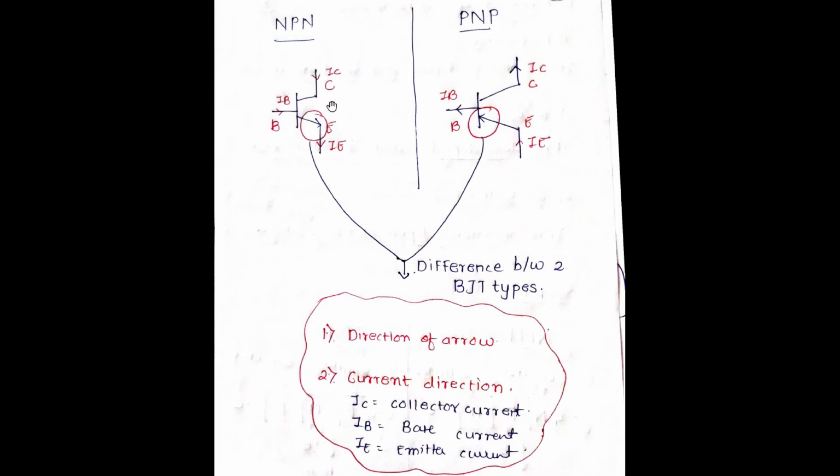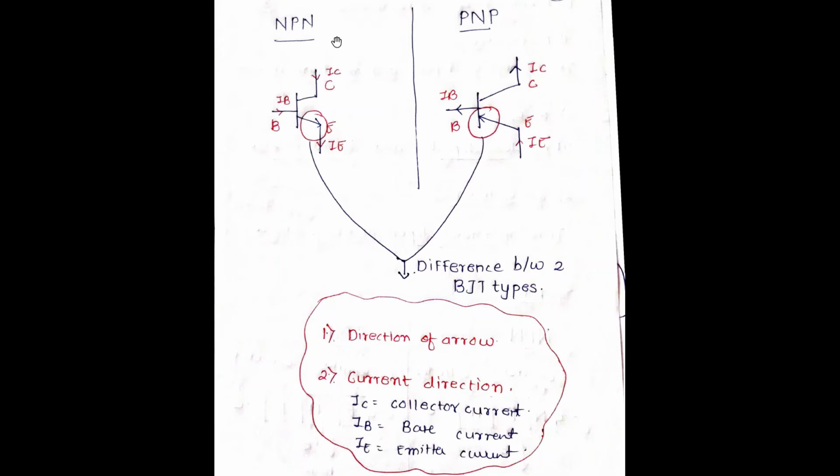So the direction of IC plus IB leads to IE. So this IE is basically IC plus IB. As simple as that. Similarly, PNP is basically the emitter current leading to IB and IC.